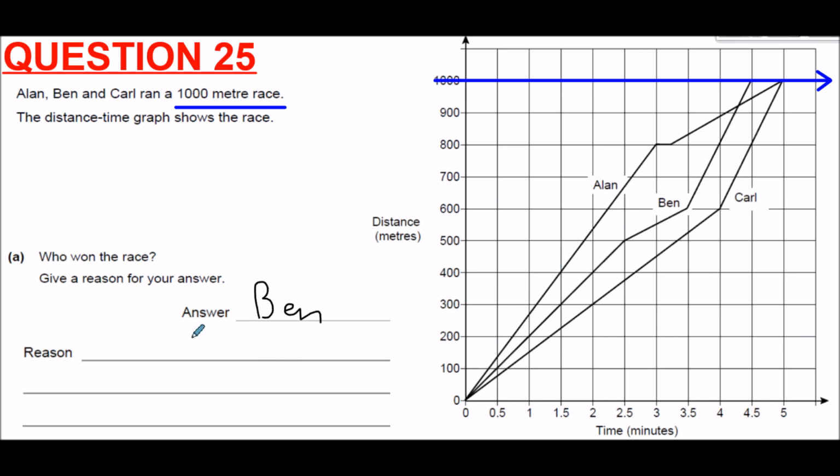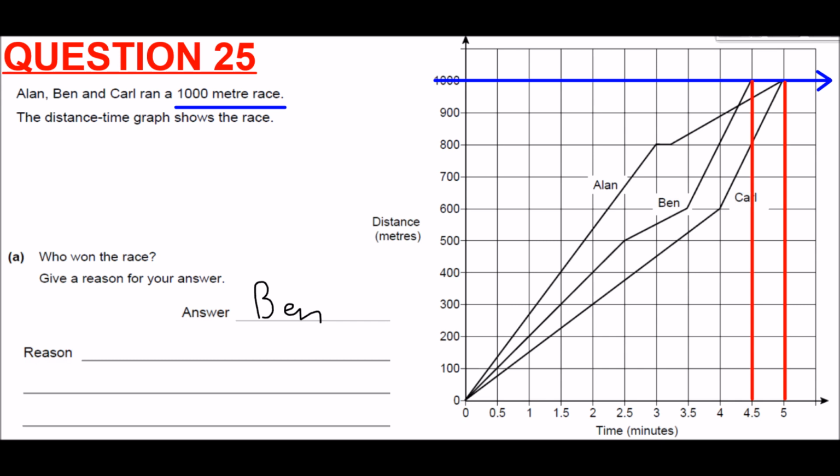So we can just simply say he got to 1,000 metres first, or if you have a look at the actual times in which they finished, Ben finished in 4.5 minutes, whereas Alan and Carl finished after 5 minutes, so he was a good half a minute before them.